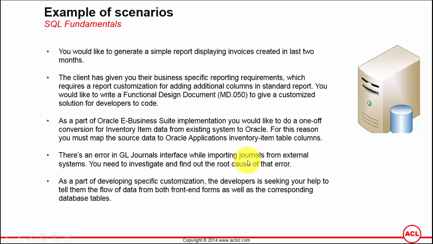Now the developer is finding it difficult to find the tables and the data flow within the tables from the front-end forms. So he's asking for your help to demonstrate the end-to-end process flow from the front end, and while you're demonstrating that, he also wants you to work with him to get the flow of the database tables.